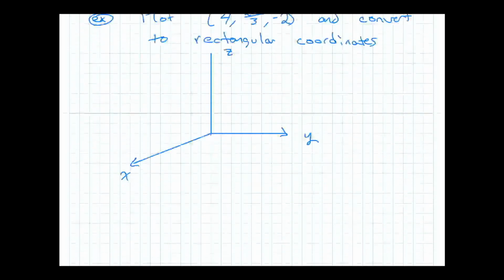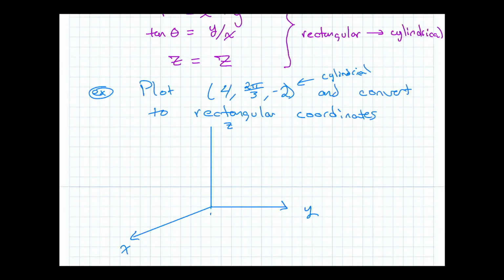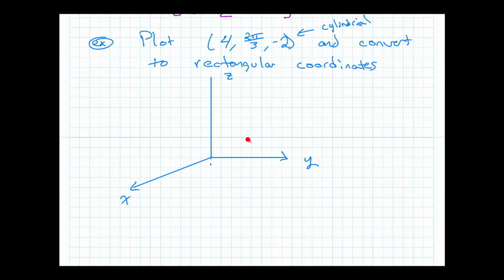So we come down here and say, well, here's the positive x-axis. So we're going around this direction. That's the positive way to go around. What's our theta? Our theta is 2 pi over 3. So we have r equals 4, theta is 2 pi over 3, and the z value is negative 2.